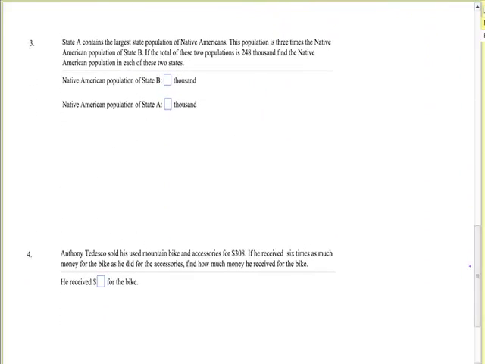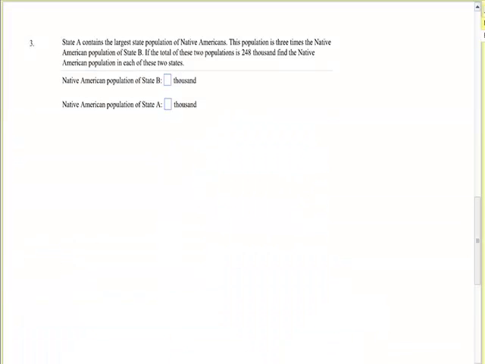All right, let's look at number 3. State A contains the largest state population of Native Americans. This population is 3 times the Native American population of State B. There's the comparison. A is 3 times the population of B. If the total of these two populations is 248,000, find the Native American population in each of these 2 states.